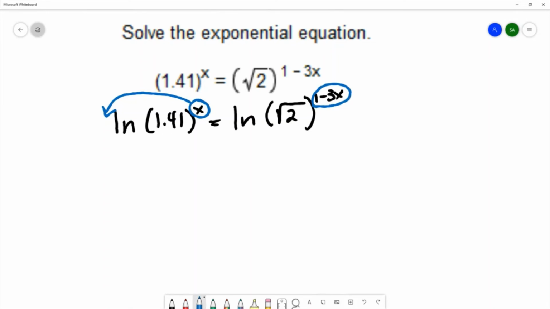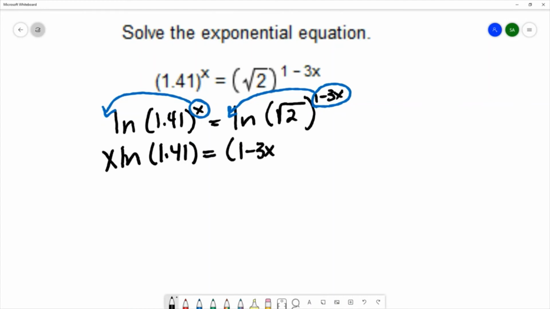And I'll do the same thing on the right-hand side. Using the power rule, you make the power the coefficient on the log. That would give me x natural log of 1.41 equals 1 minus 3x natural log square root 2.